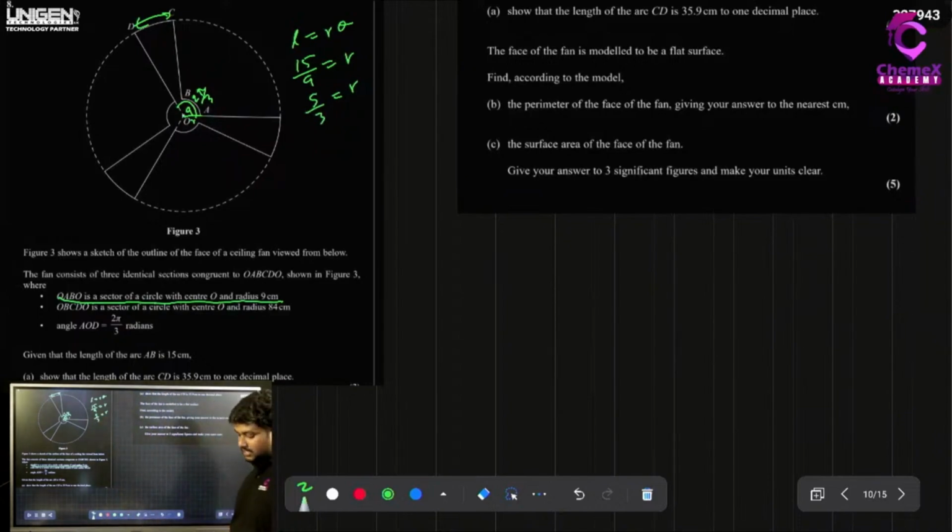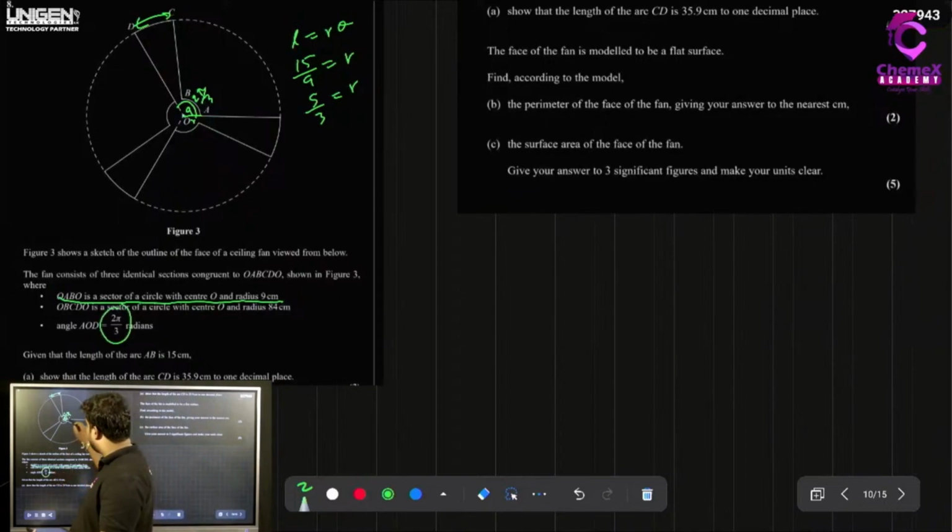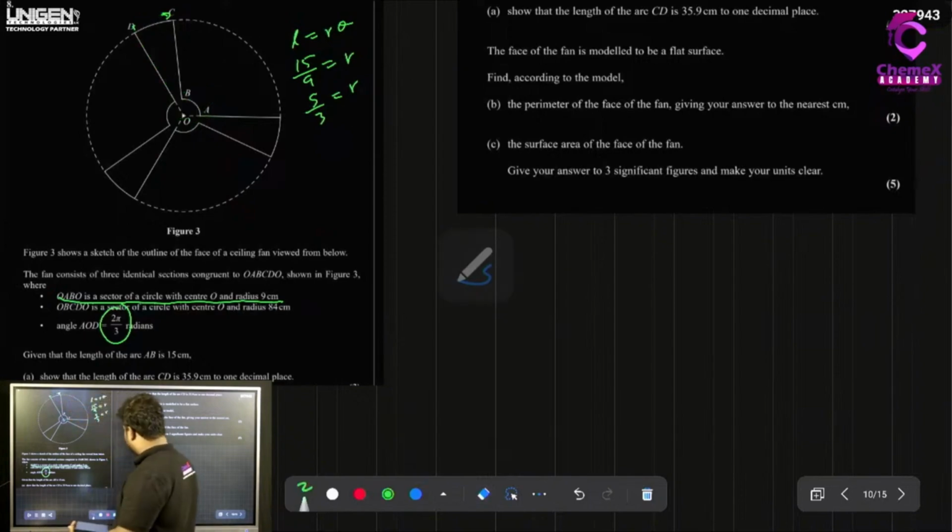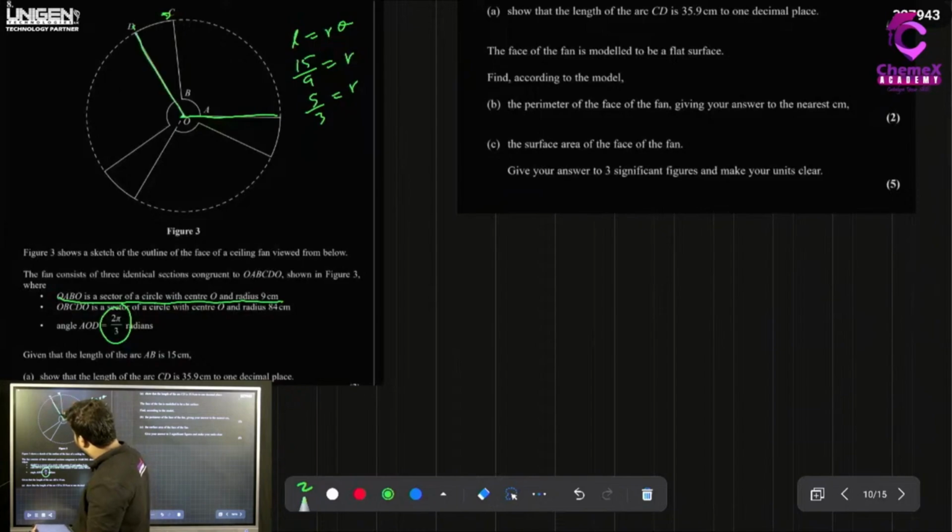If you know theta, how do you get the rest of the angle? AOD is given. AOD means this full angle. This is the tough part where you won't understand. Look at this carefully. AOD, this full angle is 2 pi over 3.